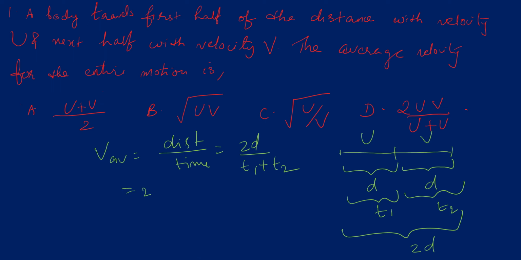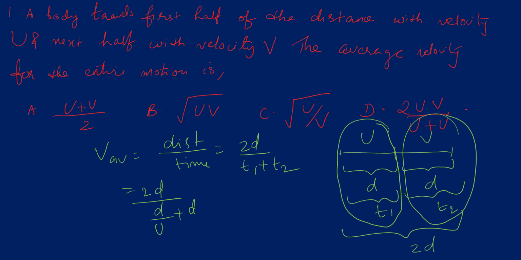That is 2d divided by t1 plus t2. For the first half, t1 is distance divided by velocity, d by u. For the second half also, t2 is distance divided by velocity, that is d by v.